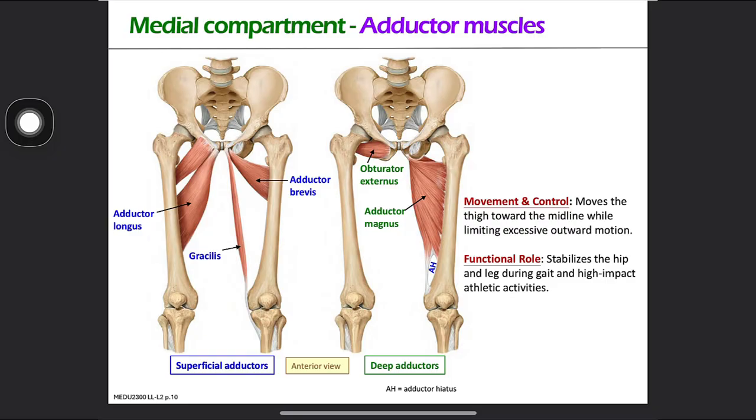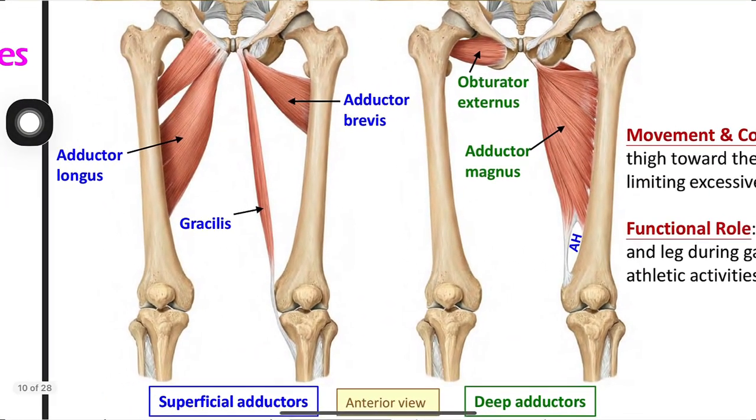So that's why I give you 2 points here. The movement and control: move the thighs toward the midline while limiting excessive outward movement. And then the functional role is to stabilize the hip and leg during different high impact athletic activities.